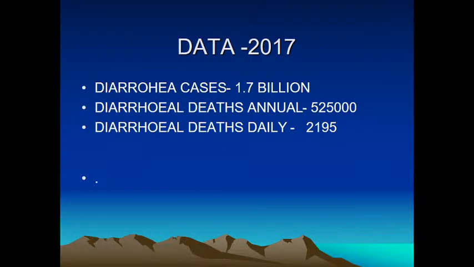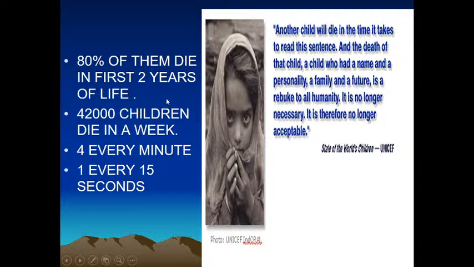So we have some 2017 statistics. Those were all older statistics, these are newer ones. 1.7 billion cases of diarrhea, 5,25,000 diarrheal deaths annually, and daily about 2,195 deaths every single day. 80% of these children die in the first 2 years of life.